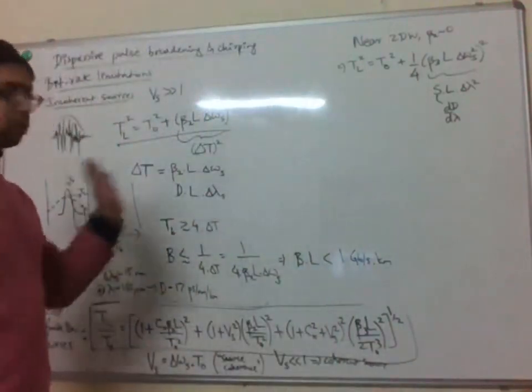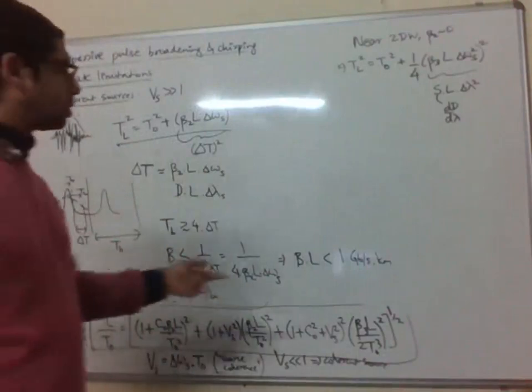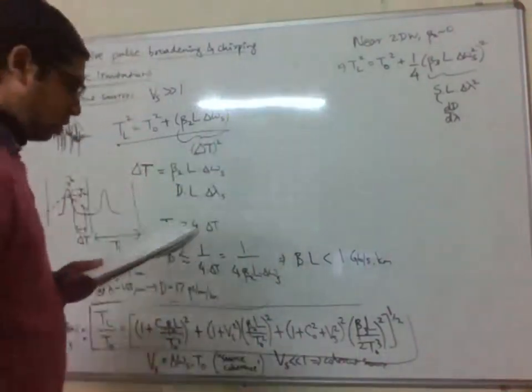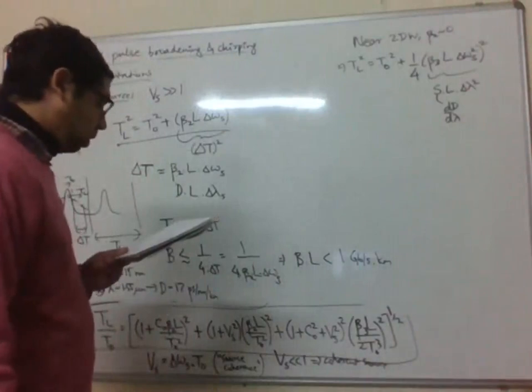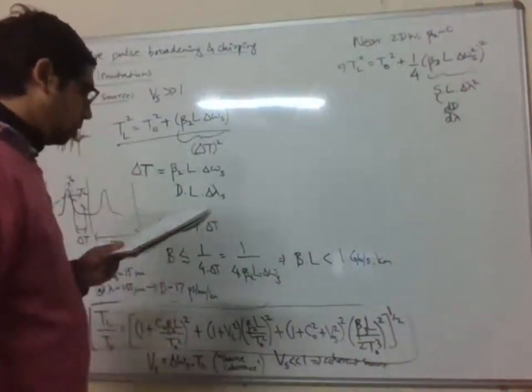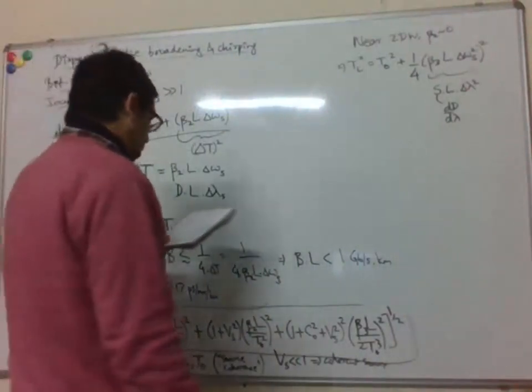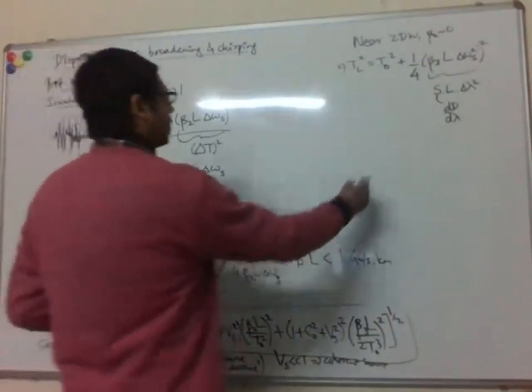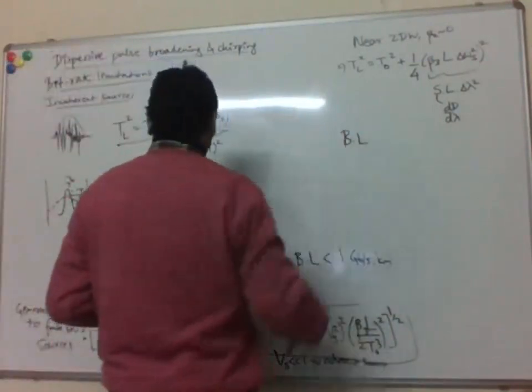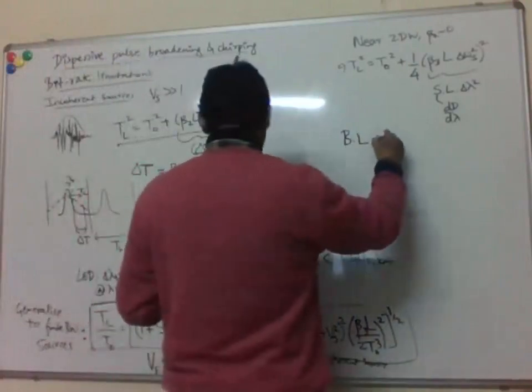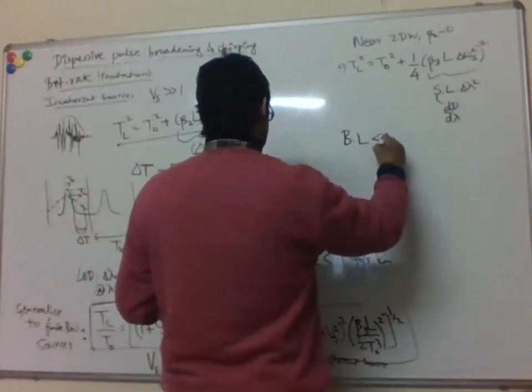Or at the same wavelength, if you now use a dispersion shifted fiber, then we can get a similar expression for the bit rate times distance. Now it's limited by the dispersion slope.